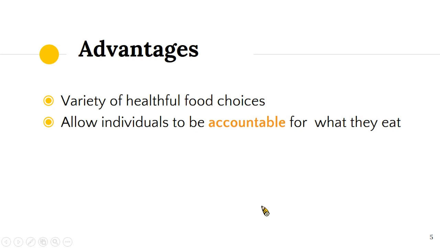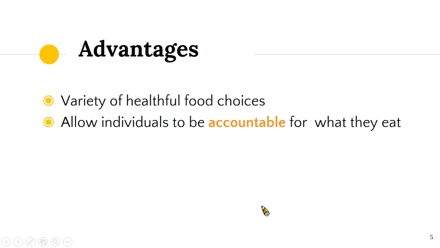There are many advantages and disadvantages of a food exchange system. The food exchange system helps people learn how to eat more balanced and nutritious meals, providing a wide variety of food.